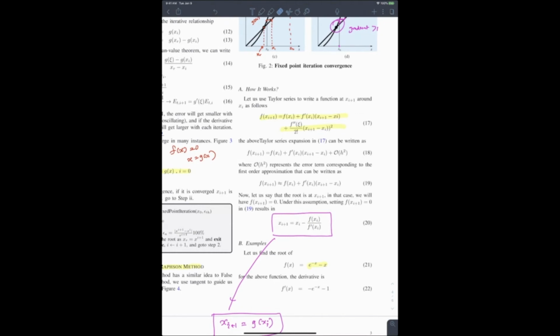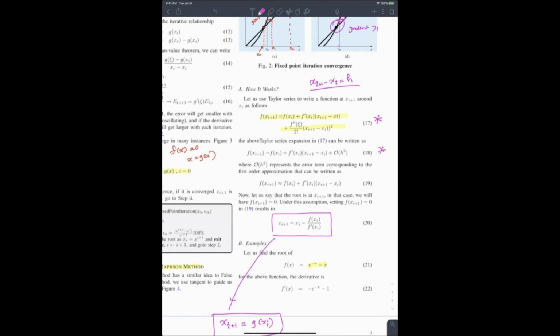We are expanding the function around x_i. Usually the assumption is that x_{i+1} - x_i is a constant. We sometimes write it as x, and we wrote it as h in the Taylor series lecture. So the expression I wrote in equation 17 should be very clear to you.